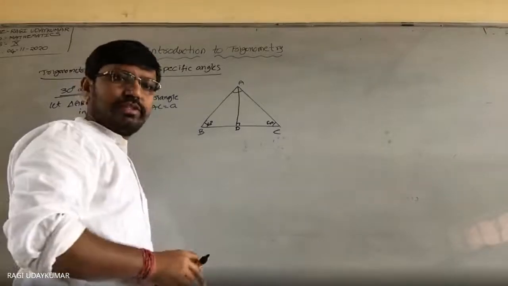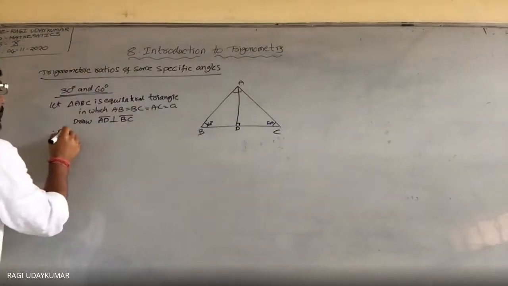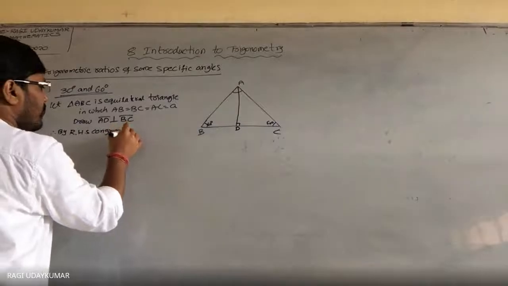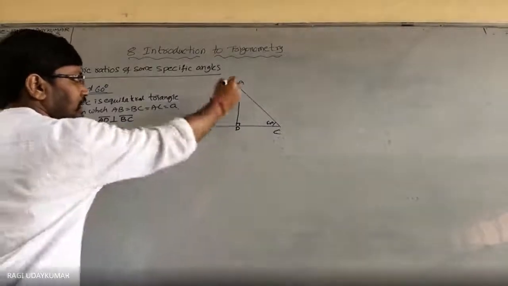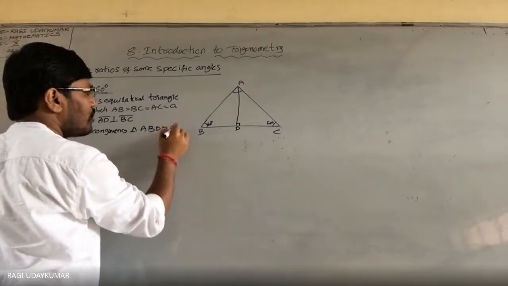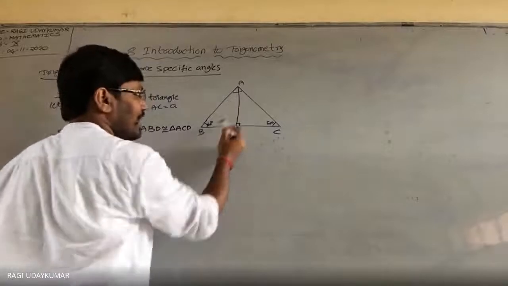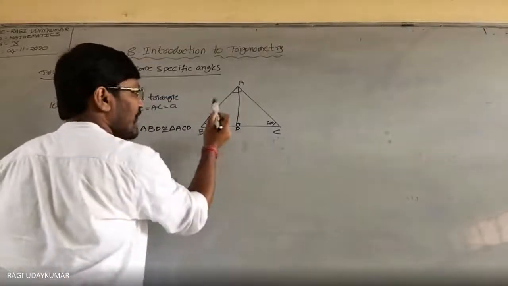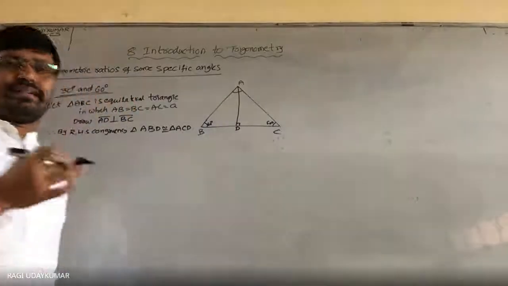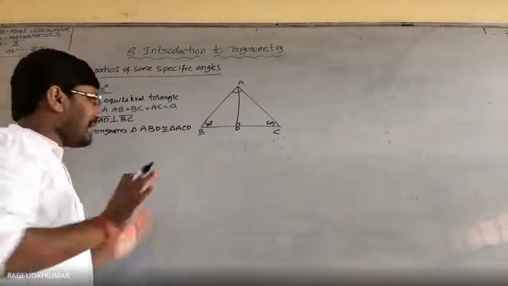By RHS congruency, triangle ABD is congruent to triangle ACD, because both are 90 degrees, the hypotenuse is equal, and one side is common. We are not doing a triangle proof here, so congruency we are not doing in detail; that's why you can directly write it.